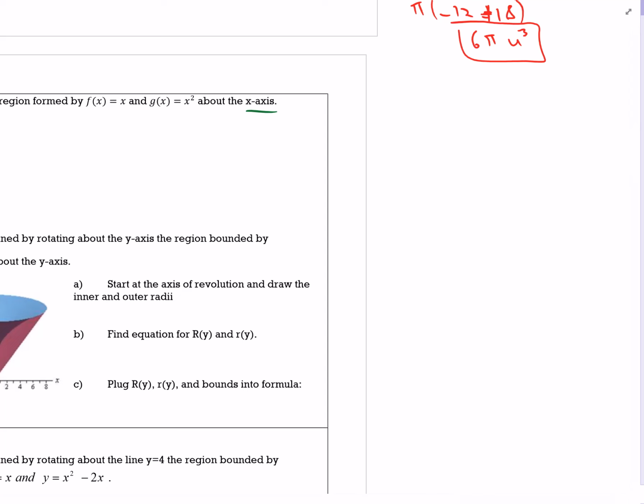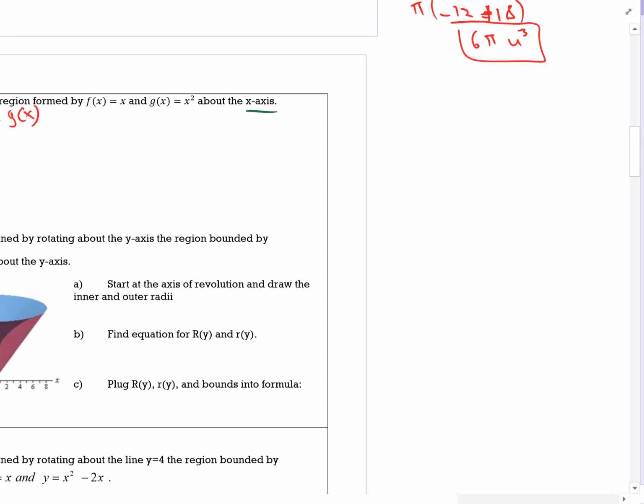Basically, the idea is we need to know what the shape looks like that we're rotating. Since we're rotating it about the x-axis, there's going to be 2 radiuses. If you start at the axis of rotation and just start drawing a vertical line going up, the first thing you hit is the inner radius, the little r. The first thing I hit here was the red function, which is g of x.